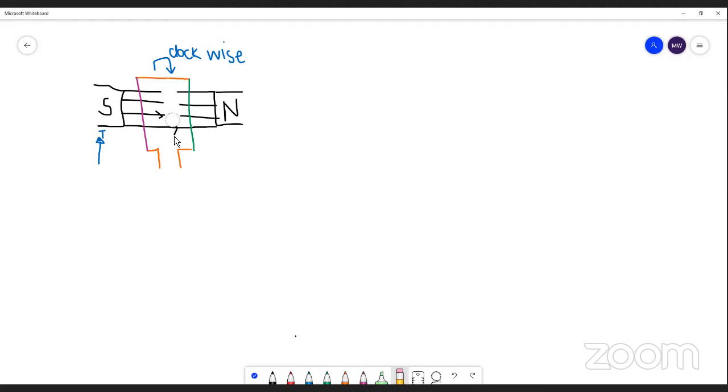And no one realized that I drew it the wrong way around, which always goes from north to south. So my index finger is going to go to the left. So that is my magnetic field.